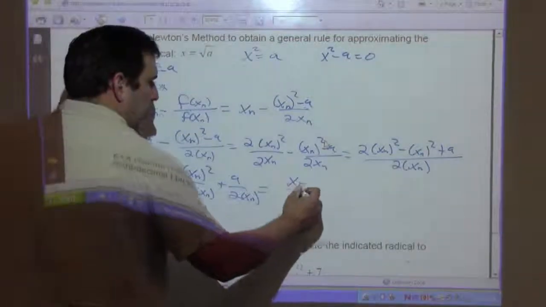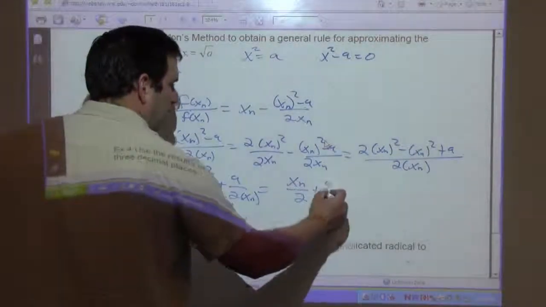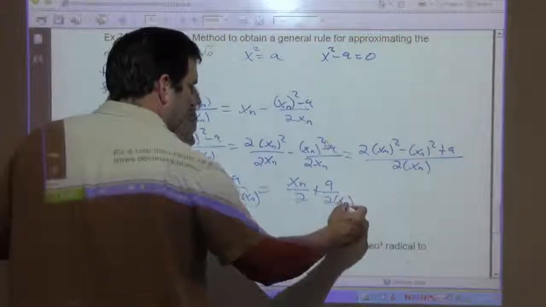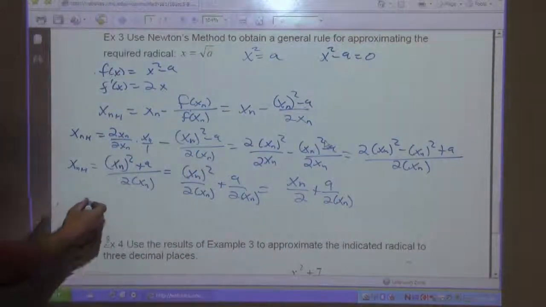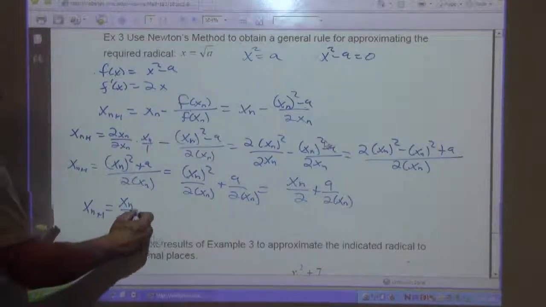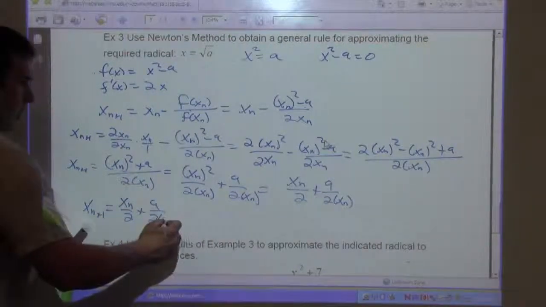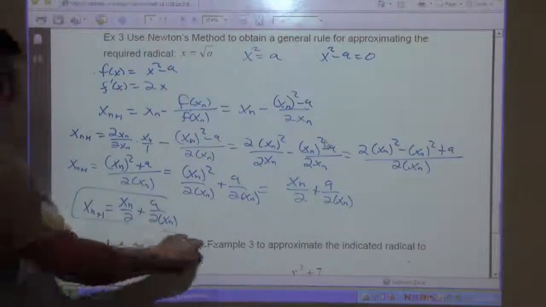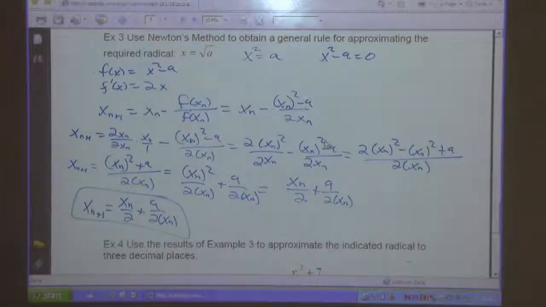And that'd be x sub n over 2 plus a over 2 times x sub n. So there's a general formula. The next term would be x sub n over 2 plus a over 2 times x sub n. So there's our formula. Feel free to pause it if you'd like.